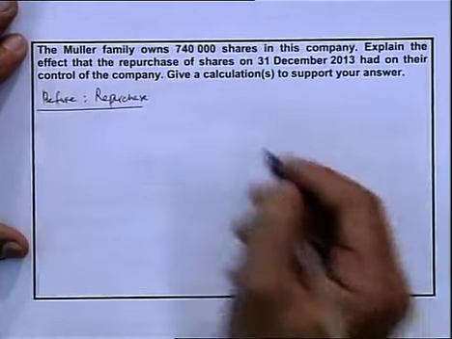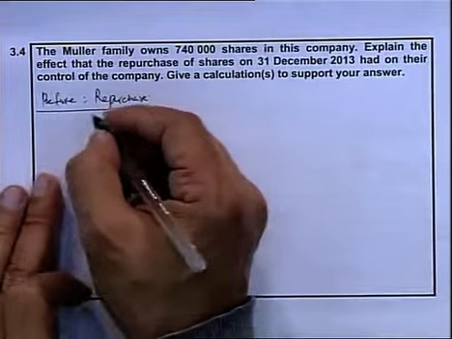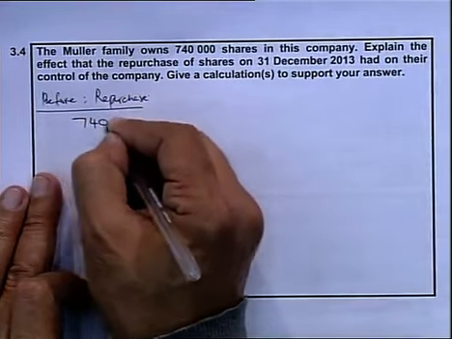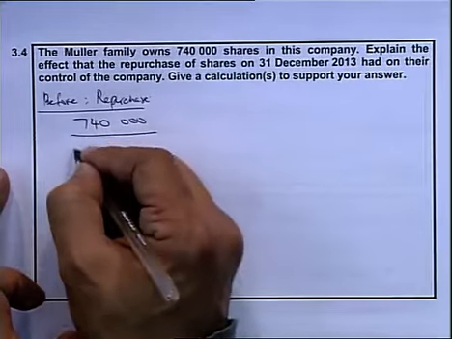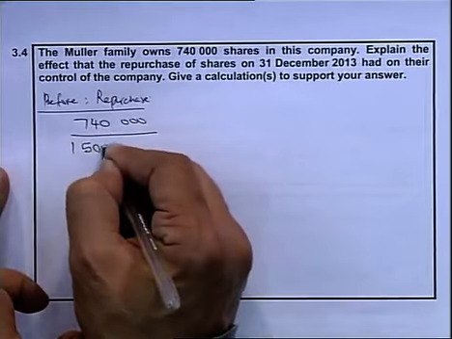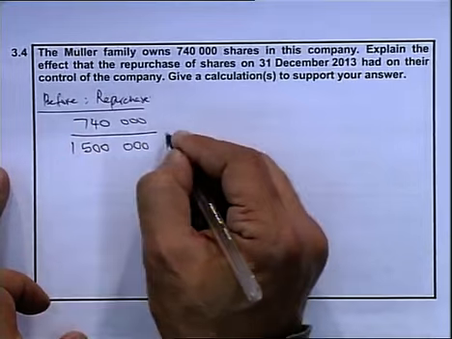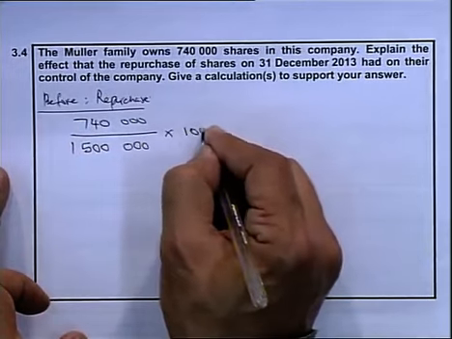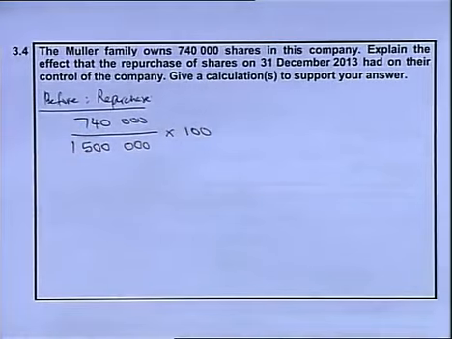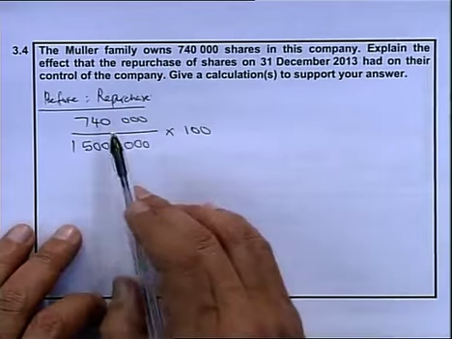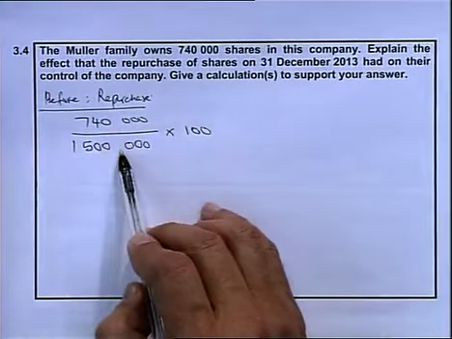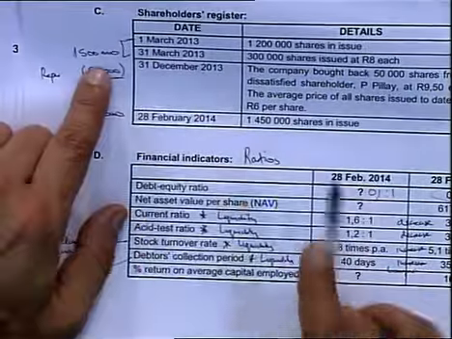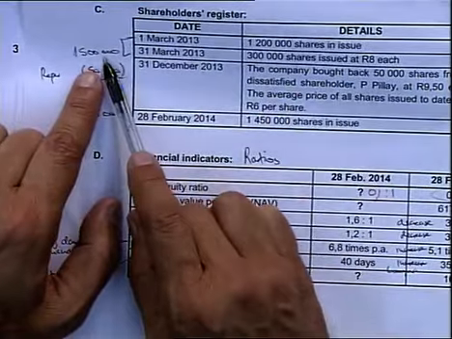Before the repurchase, they owned 740,000 shares of the 1.5 million that was in issue. So we express that as a percentage. 740 over 1.5 million.